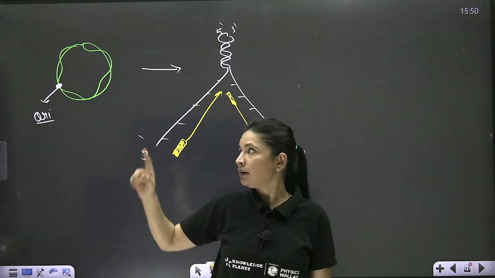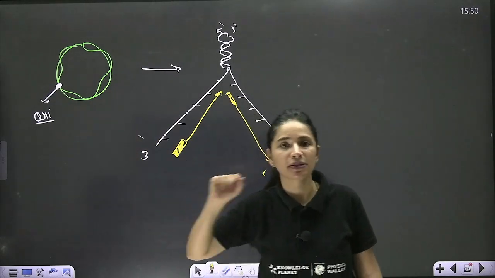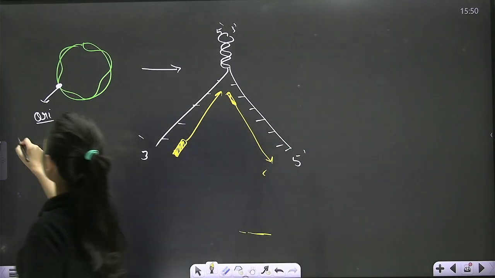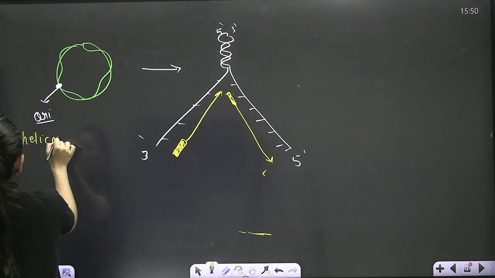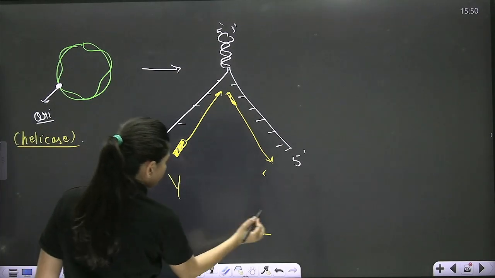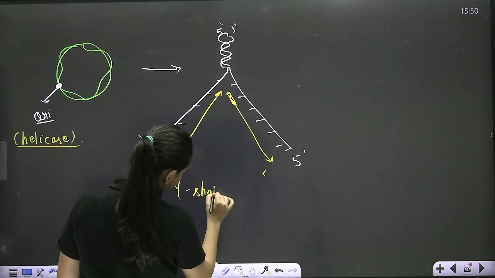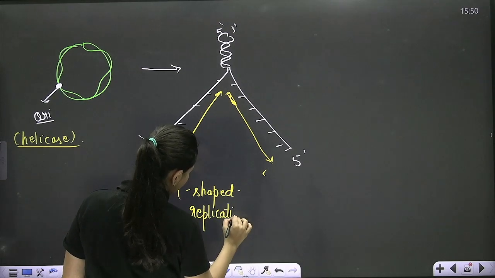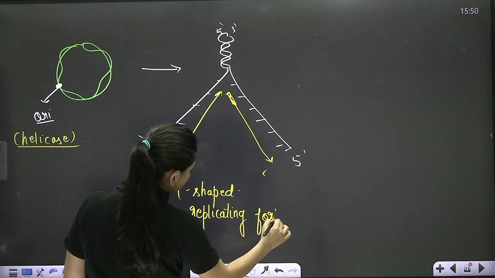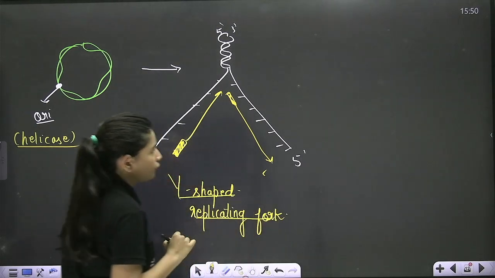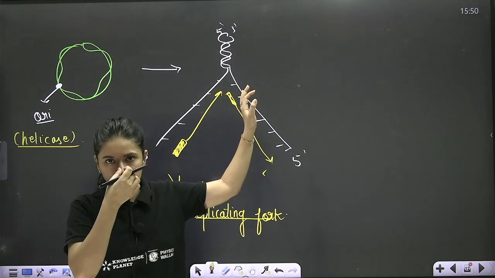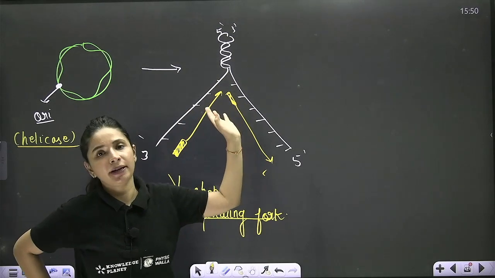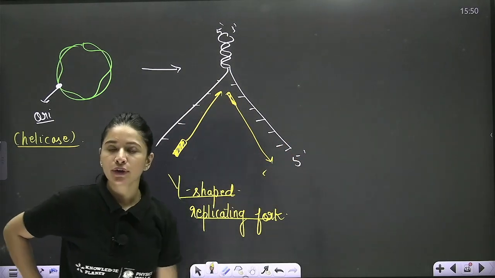Next point, for the beginning of replication, there are some specific sequences present called ori, from where the helicase enzyme unwinds the DNA and opens it to form a Y-shaped replicating fork, exposing the parental strands, to which DNA polymerase comes, reads and synthesizes the new complementary strand, completing the process of replication.